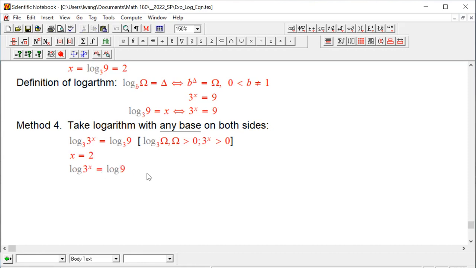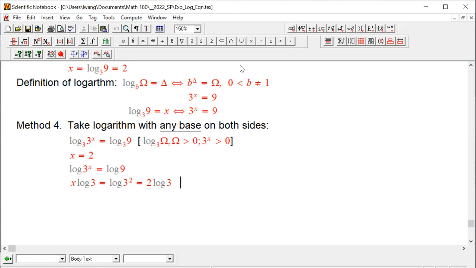If I do this, what will happen? I can still bring the x down using the power rule. I have x times log 3. On the other side, I will have log 9. Log 9 equals log 3 squared. If I use the power rule, that equals 2 times log 3.